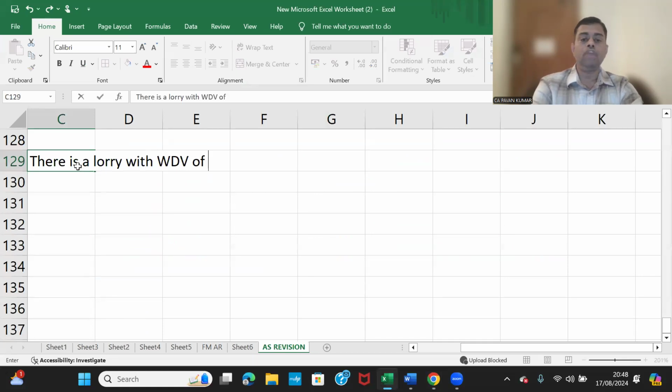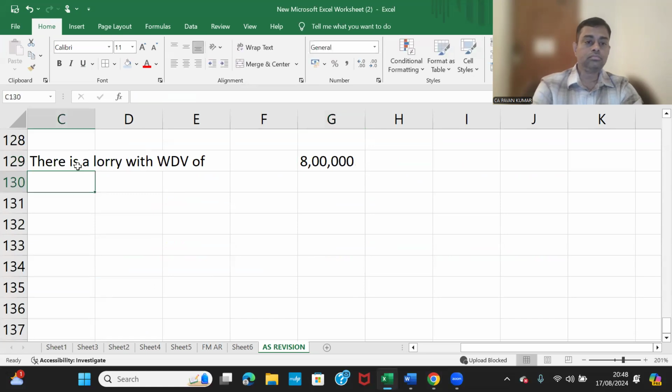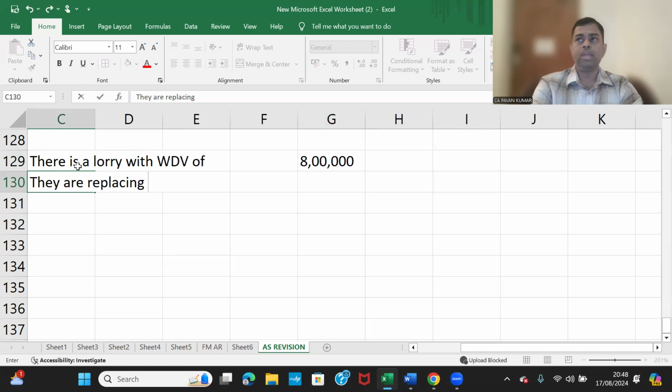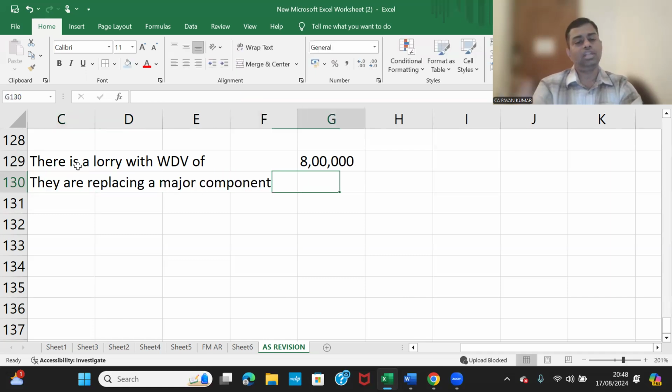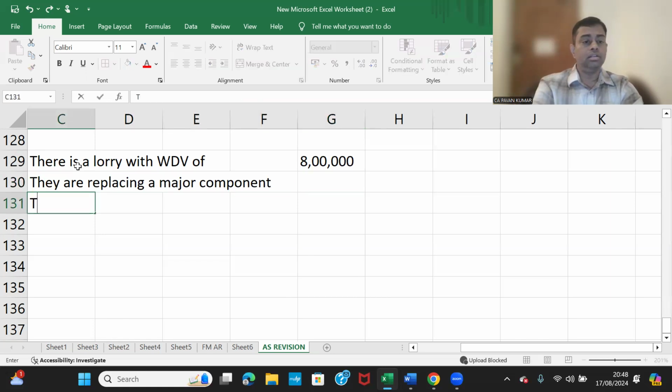with a written down value of 8 lakhs. They are replacing maybe an engine. They are replacing a major component. Engine, tire, let us not go into the details. They are replacing a major component. The component's written down value is 1 lakh.